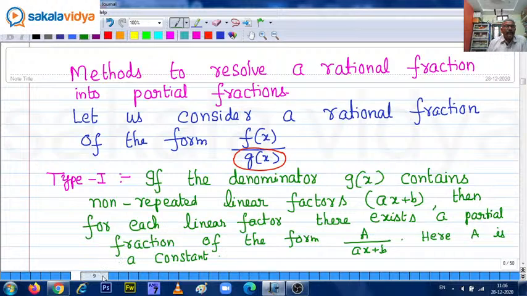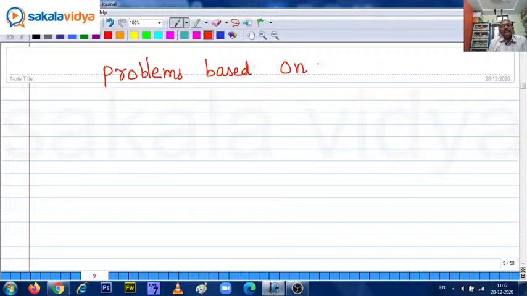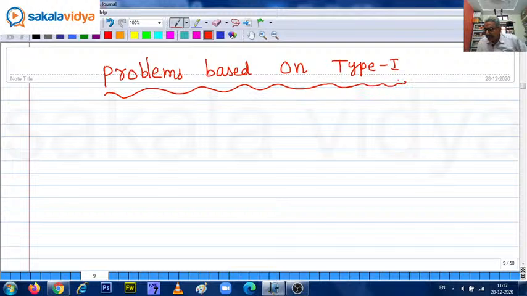Now let us go for the problems based on type 1. So today let us discuss problems based on type 1. So first question, problem number 1, write down.